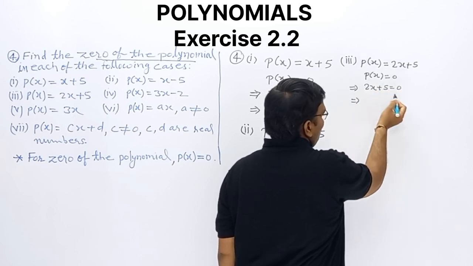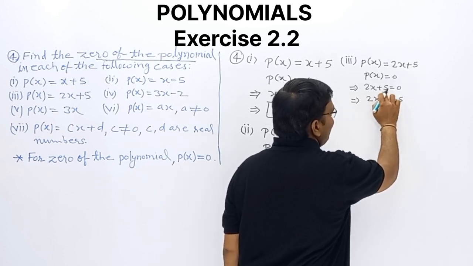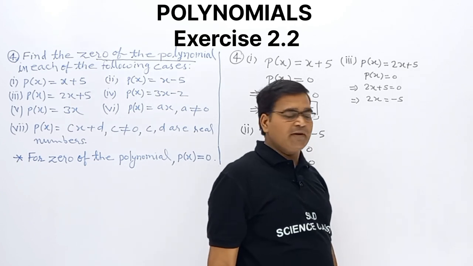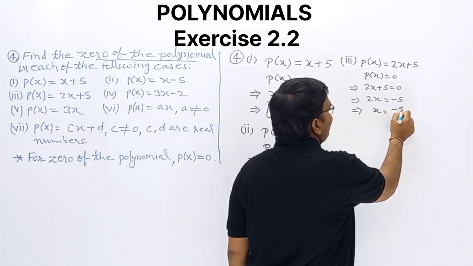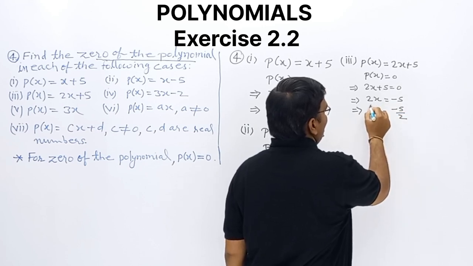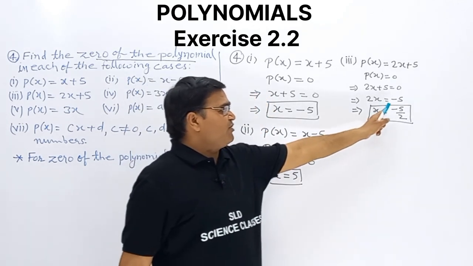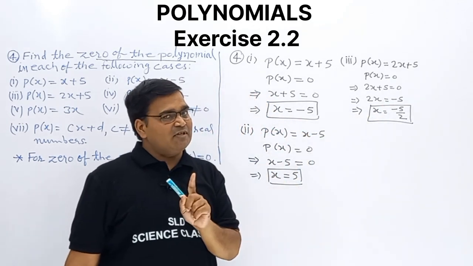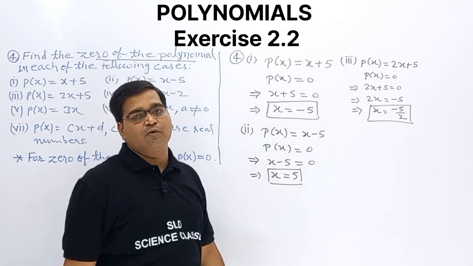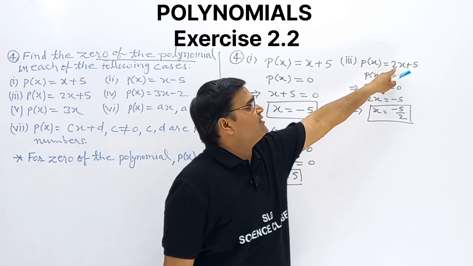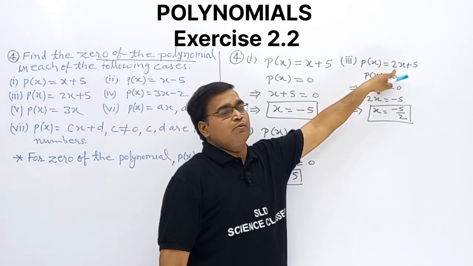Solve this one. 2x equal to minus 5. We are transposing this 5 to the right side, so plus will be converted into minus. Now x will be minus 5 by 2. Getting it or not? This is the zero. x equal to minus 5 by 2 is the one zero. It is a linear equation, so it has only 1 zero. Once we put this value in this polynomial, we get 0. We already discussed that also.